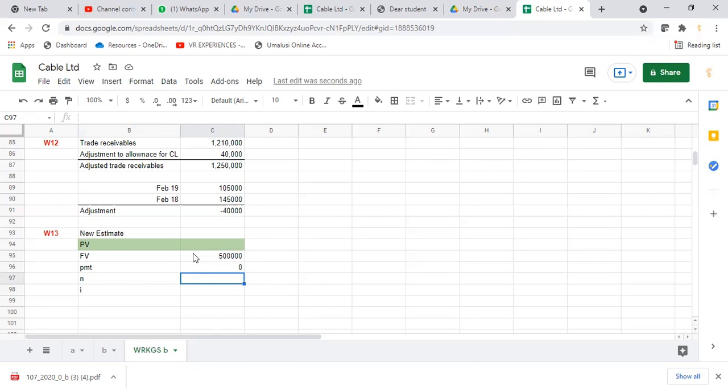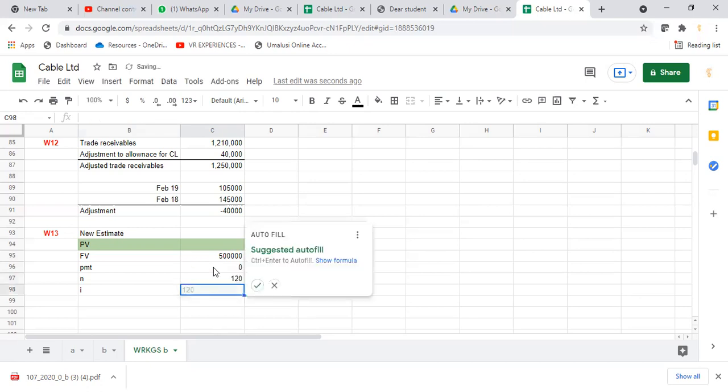Now, remember, the pre-tax discount rate was given to us as 10% compound per annum compounded monthly. So because the rate is on a monthly basis, N needs to be on a monthly basis. So therefore, the number of monthly periods is 10 years times 12 months per year.